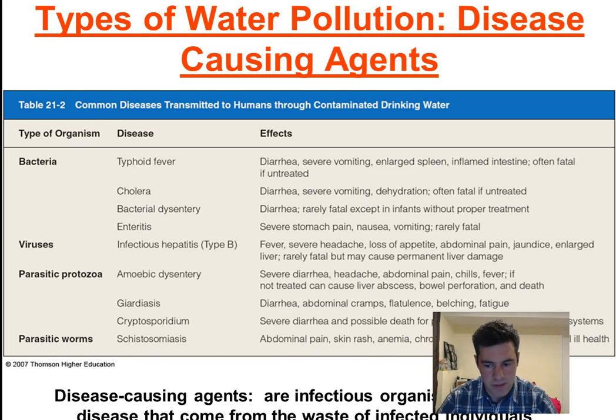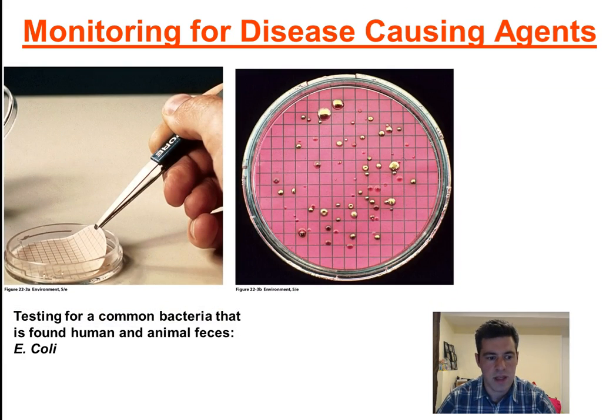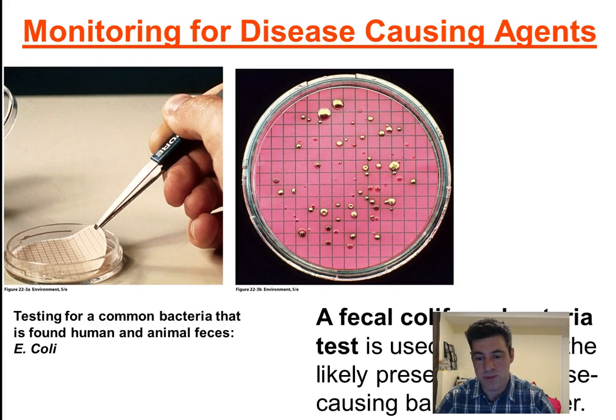You can actually test for that. And the most common way to test for it is by doing what's called a fecal coliform bacteria test. It's kind of similar to if you've ever been to the doctor, and the doctor does a throat swab, and they put it on a petri dish. They swab it on that red petri dish, and then they incubate it for a while, and they see if something grows.